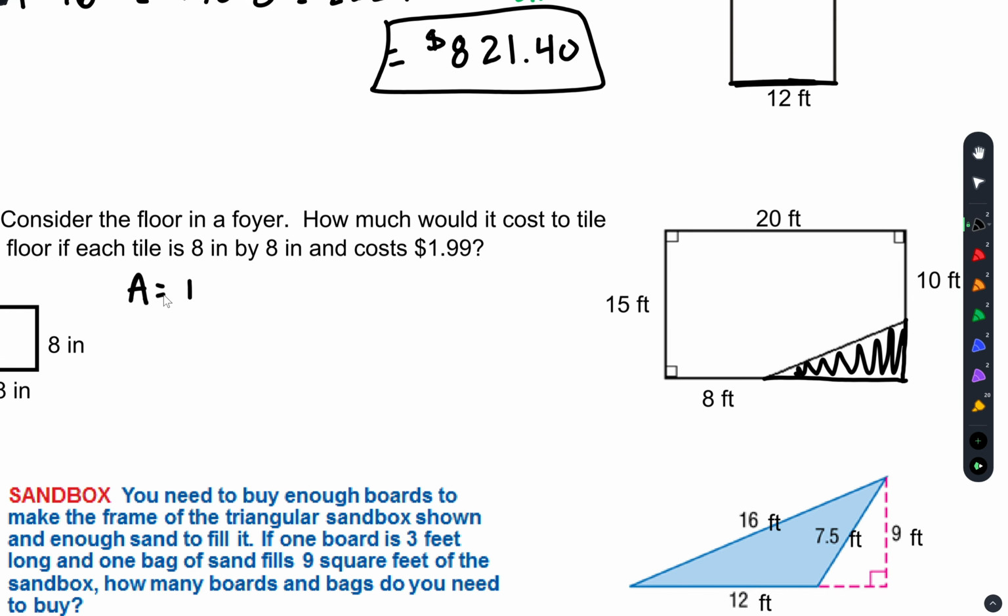I'm going to call this rectangle 15 by 20, and I'm going to subtract this little triangle, which appears to be 5 by 12. So I'm going to subtract away 1/2 times 5 times 12. Everybody cool with that? That area comes out to 270.